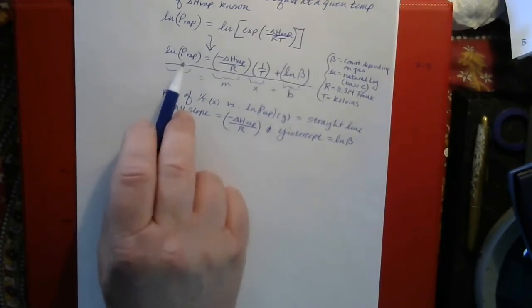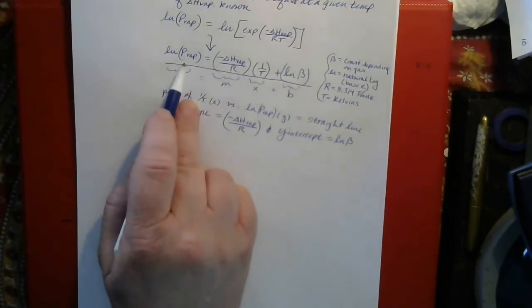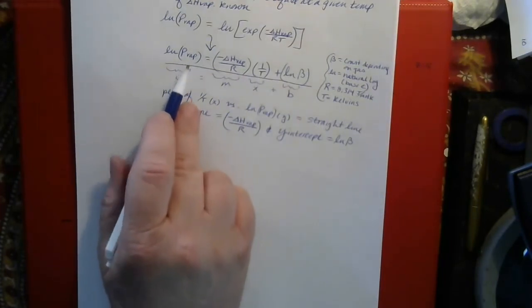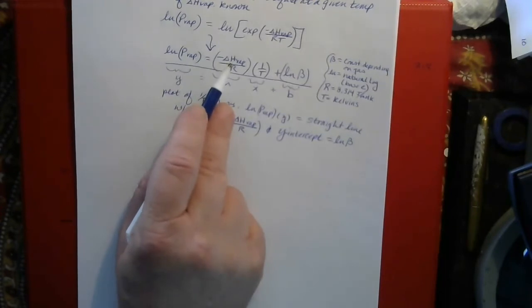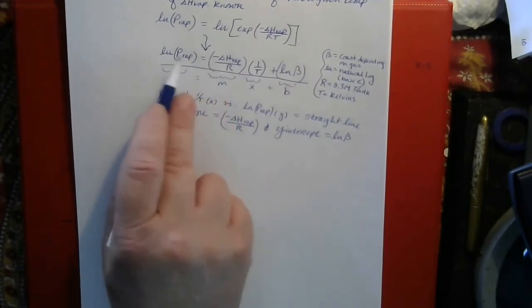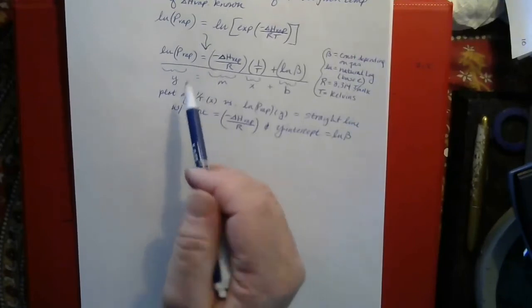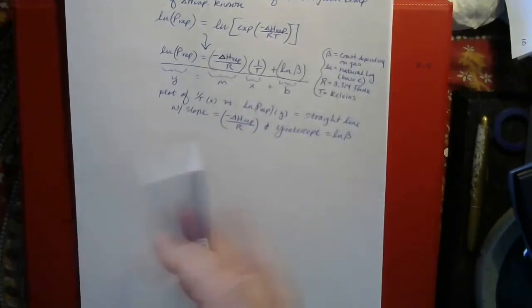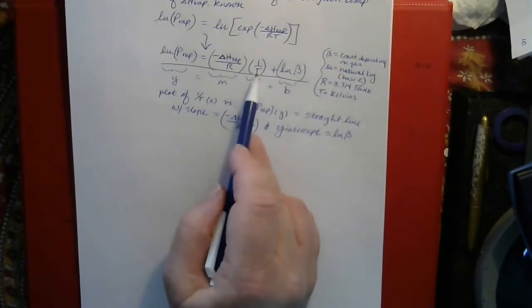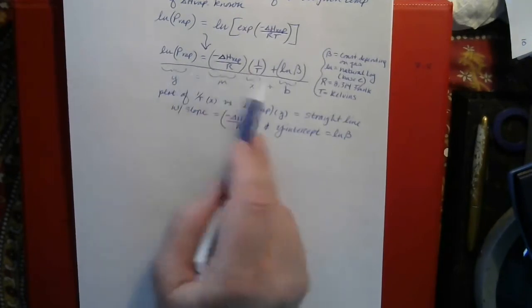As it turns out, vapor pressure is relatively easy to measure in the laboratory. And so most often, this equation is used to calculate the heat of vaporization for various substances, because that is a little more difficult to measure in the laboratory than vapor pressure is. So what you'll usually do if you want to use this equation is you'll do an experiment under several different temperatures, and you'll measure the vapor pressure of the liquid under those different temperatures.